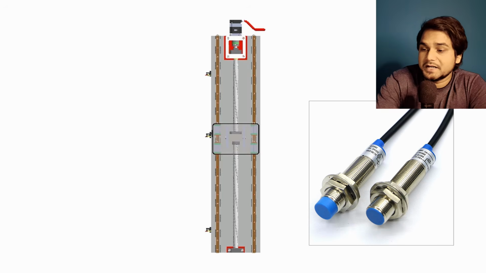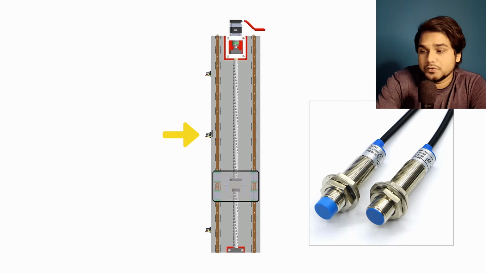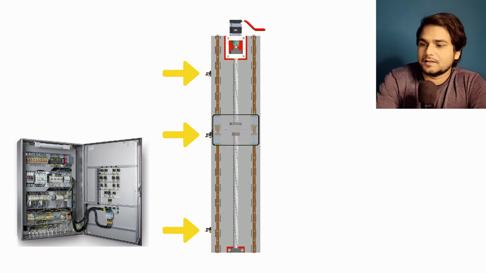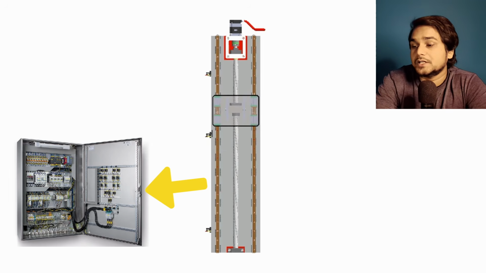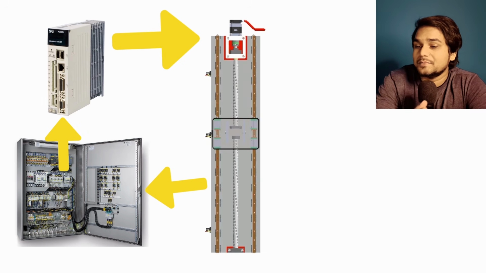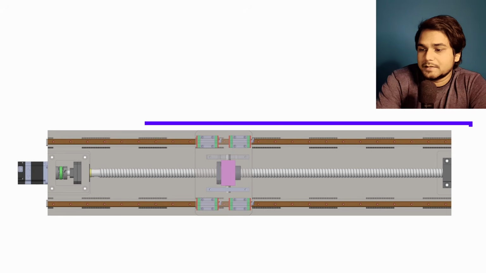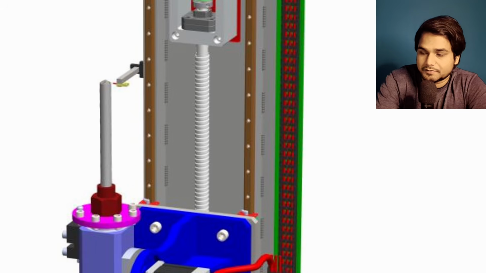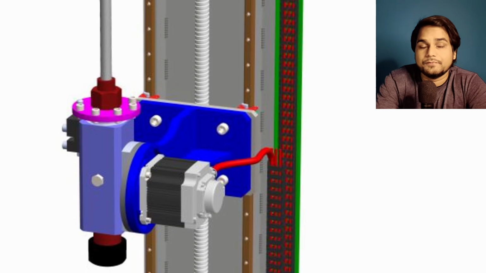Then we need a proximity sensor to define the home position and extreme position of ball screw movement. These sensors give a signal to the control system and the motor drive stops the servo motor or it can operate accordingly. And this complete system is mounted over a welded machine structure to provide rigidity and perfect alignment between linear guides and the ball screw mechanism.